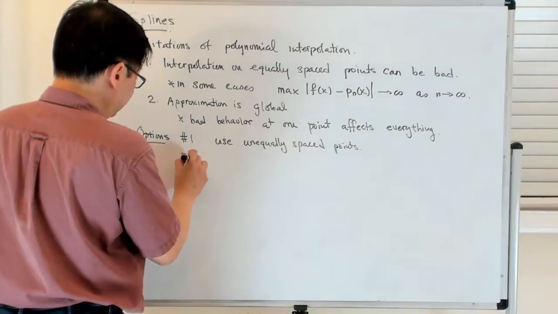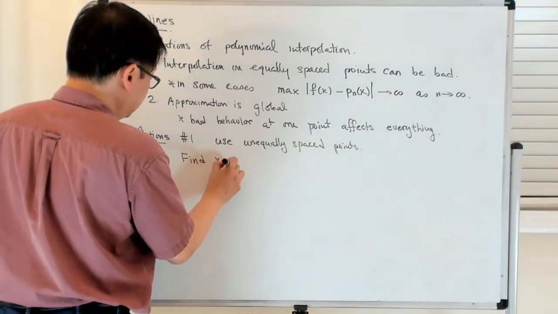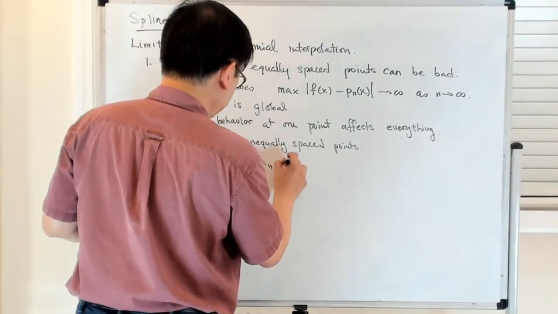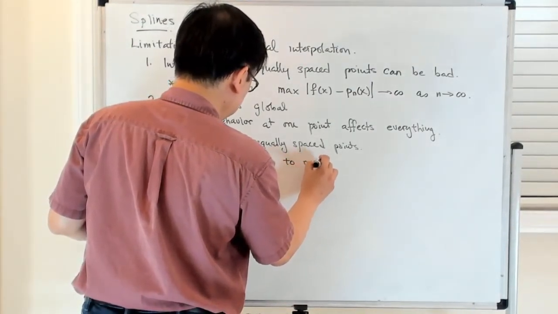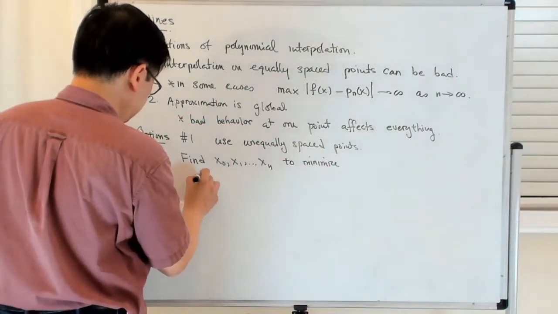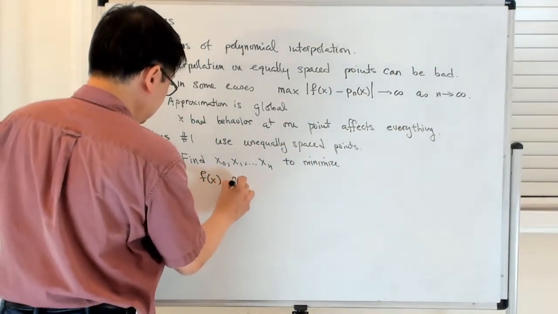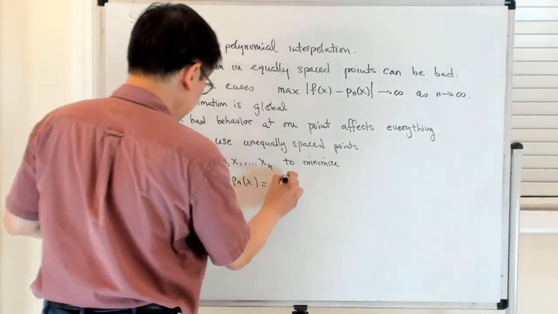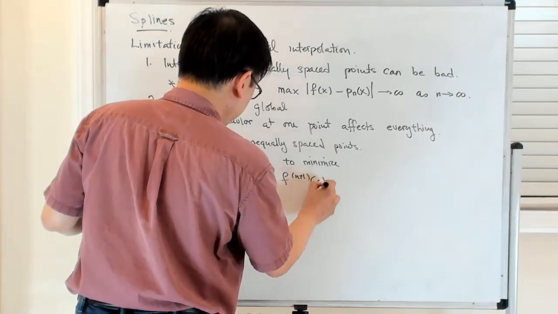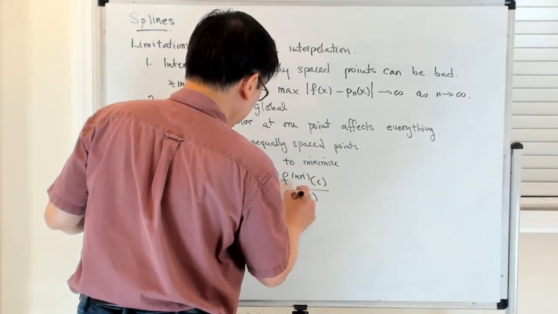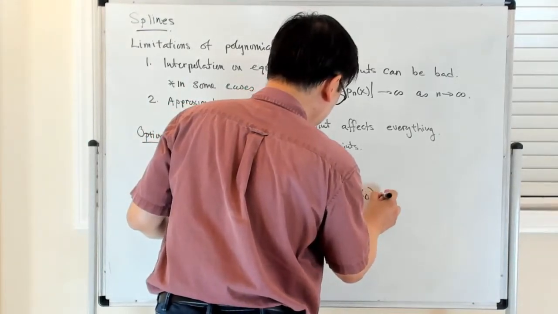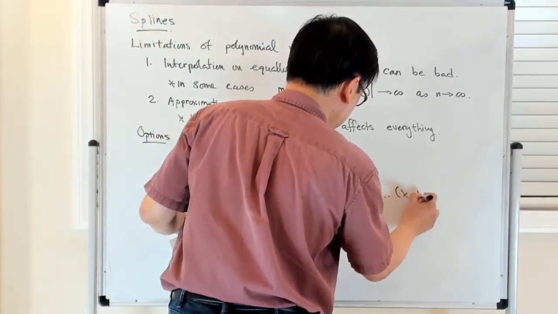So for example, you could find x0, x1, all the way up to xn to minimize the error, which is f of x minus Pn of x, which is the n plus first derivative at some unknown point divided by n plus 1 factorial times x minus x0 all the way up to x minus xn.